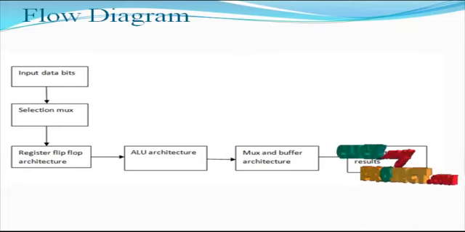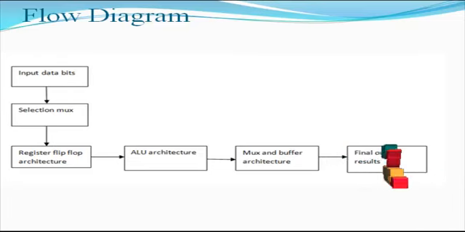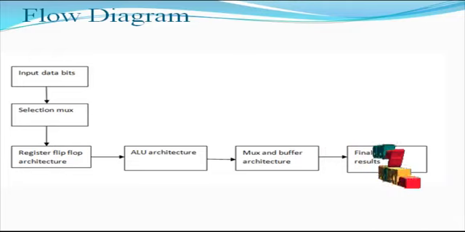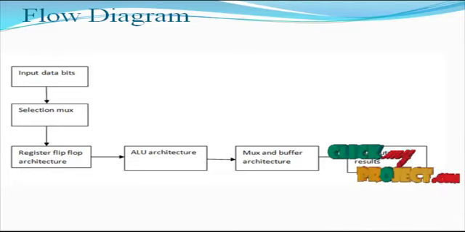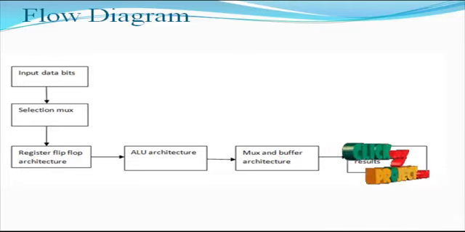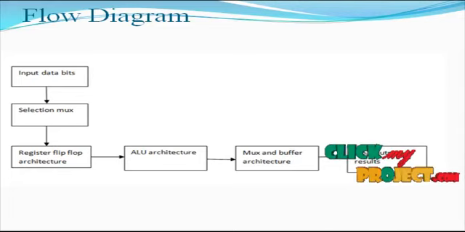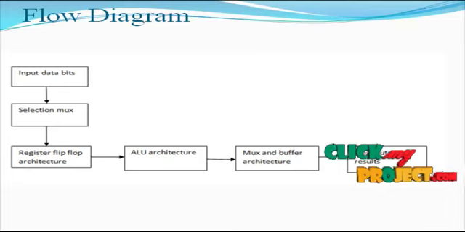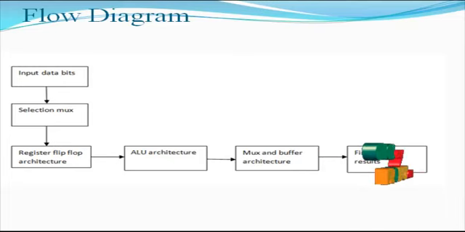Thus, the ALU results are applied to the mux and buffer architecture. The mux selects the output data results, and the buffer architecture is used for some timing allocation elements. Then we connect the feedback output based on our selection process, and the gate operations are mainly used for our architecture's processing elements. The processing elements are mainly used for our regular data path architecture results, which depend on the selection process.